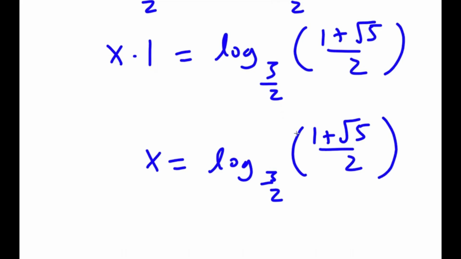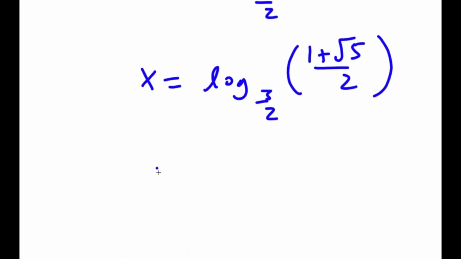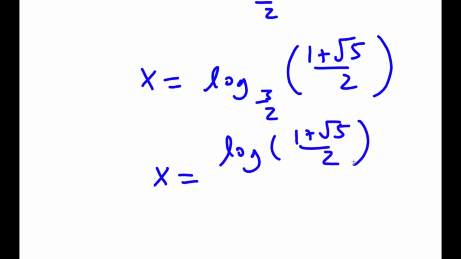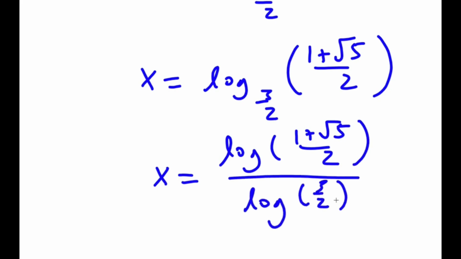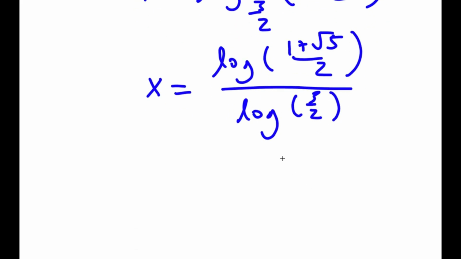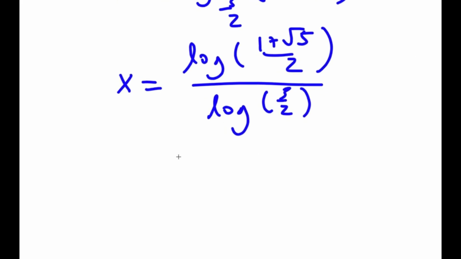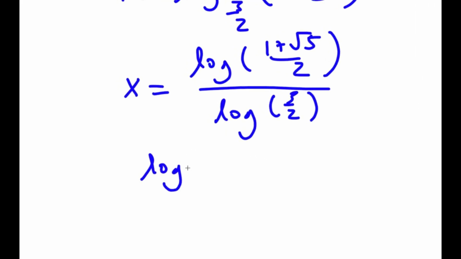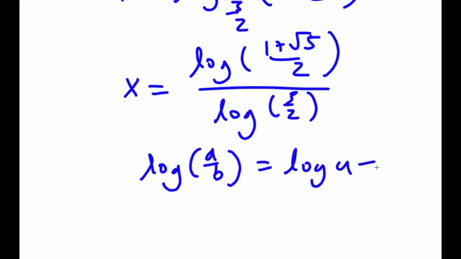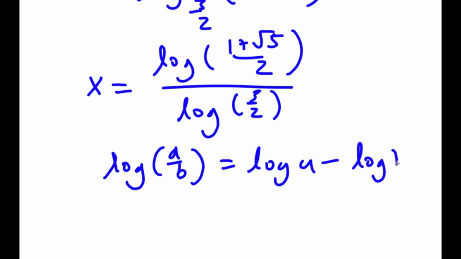Now, this is the same thing as x is equal to log((1 + √5)/2) divided by log(3/2). And if I have something in the form log a over b, this is equal to log a minus log b.